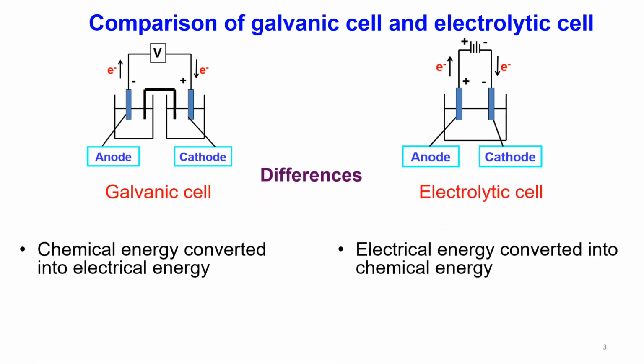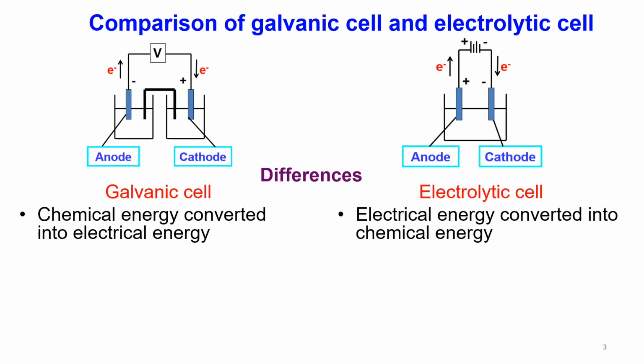The first difference is, galvanic cell is chemical energy converted into electrical energy. The chemical energy that comes from the reduction and oxidation that happen due to the difference of reduction potential drives the movement of electrons and produces electrical energy that can be detected by a voltmeter.